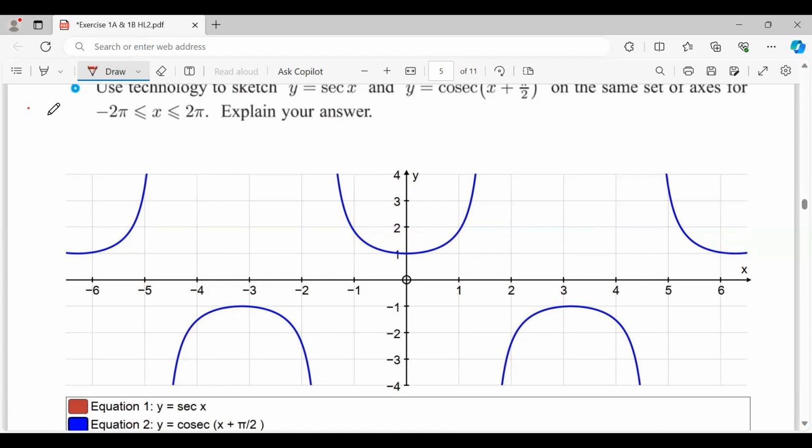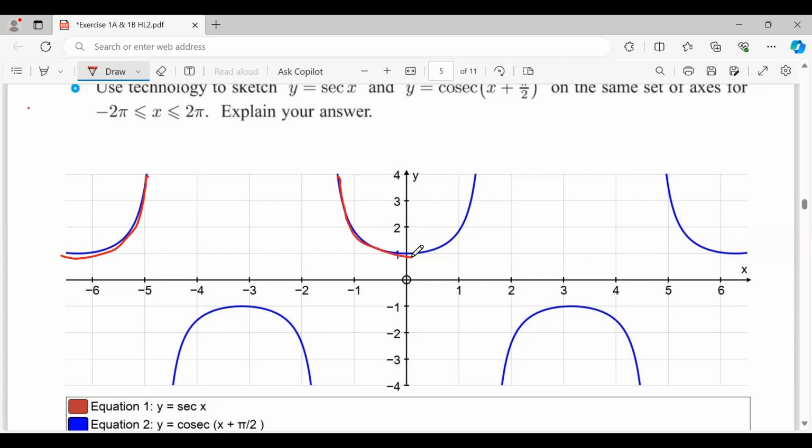Therefore, for cosecant of x plus pi half, you have to sketch the graph of secant x on the same graph. Why?